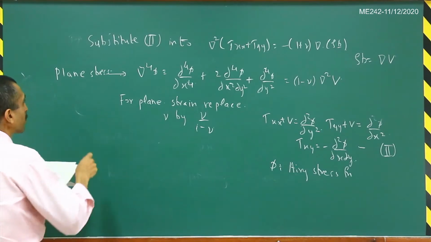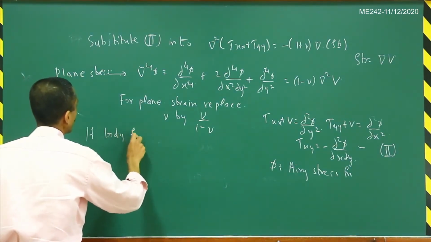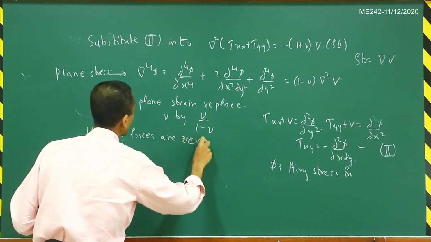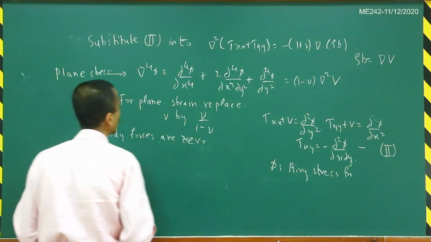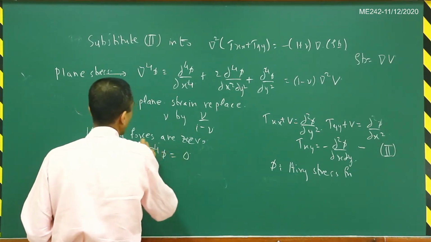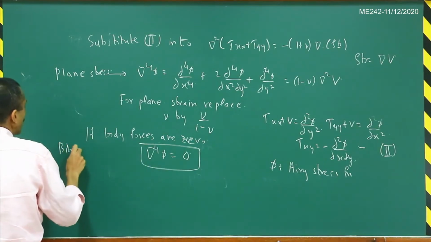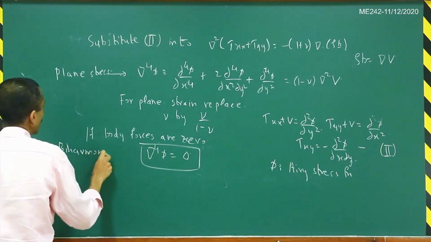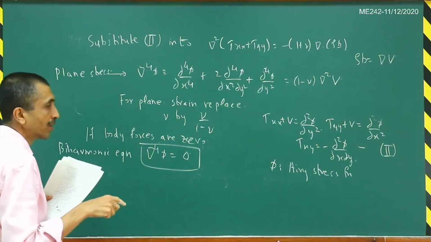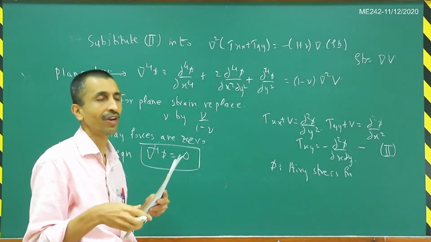So if the body forces are 0, then we'll get del raised to 4 phi is equal to 0. So this is known as the biharmonic equation. If del square phi is equal to 0, then that is called harmonic, right? Because phi is said to be a harmonic function if del square phi is 0.